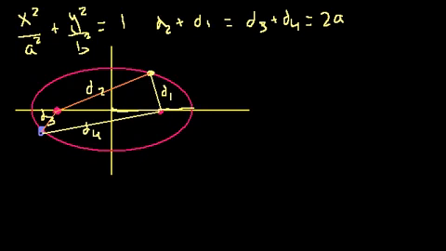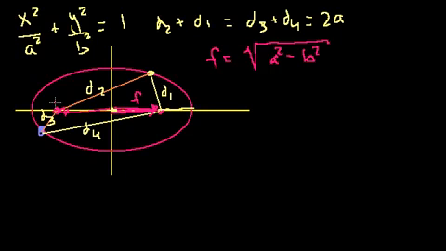And we learned that the focal distance, the distance from the center of the ellipse to a focus, is just the square root of the difference of these two numbers. If a is larger, it would be the square root of a squared minus b squared, which is the case in this ellipse.